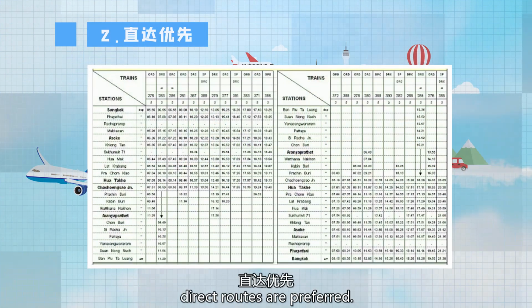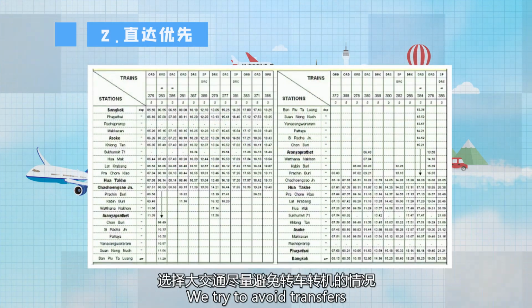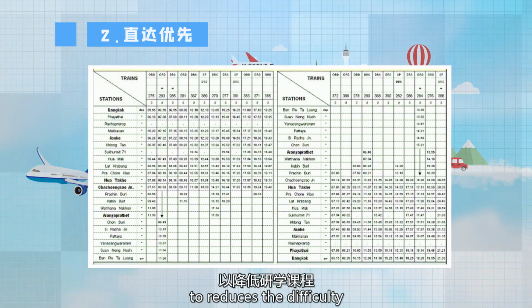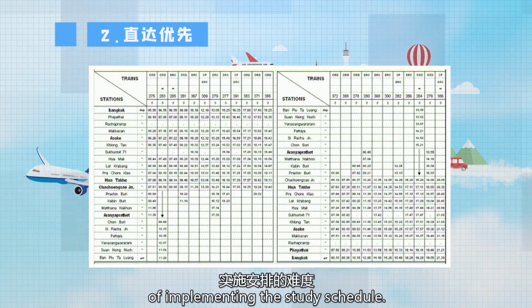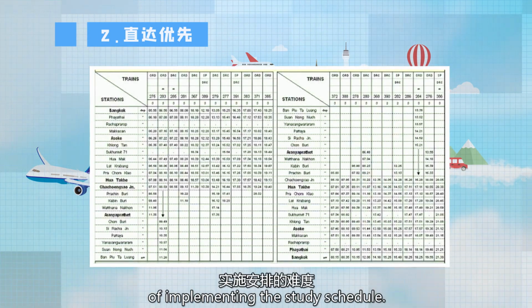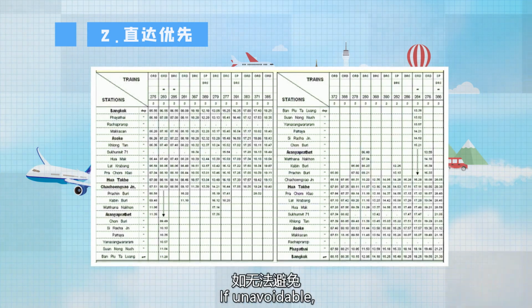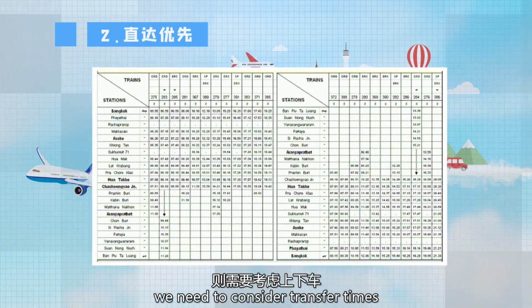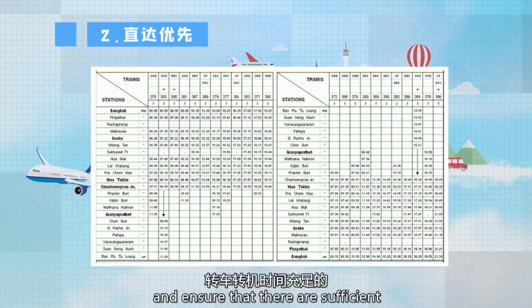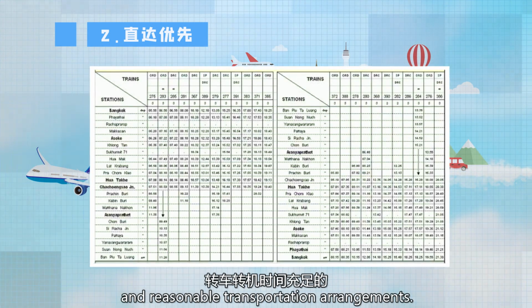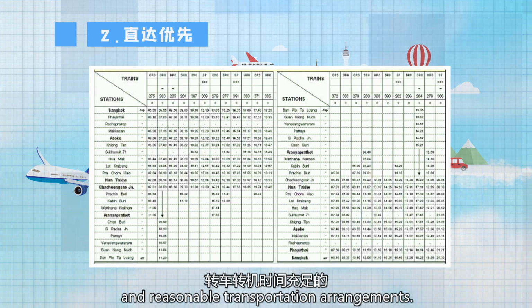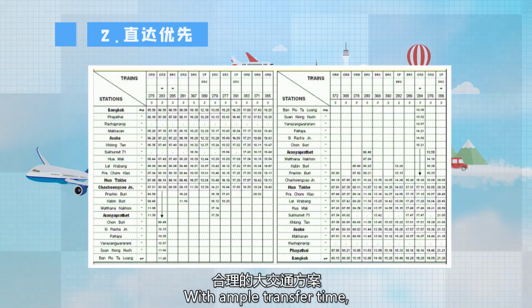Second, direct routes are preferred. We try to avoid transfers to reduce the difficulty of implementing the study schedule. If unavoidable, we need to consider transfer times and ensure that there is ample transfer time.